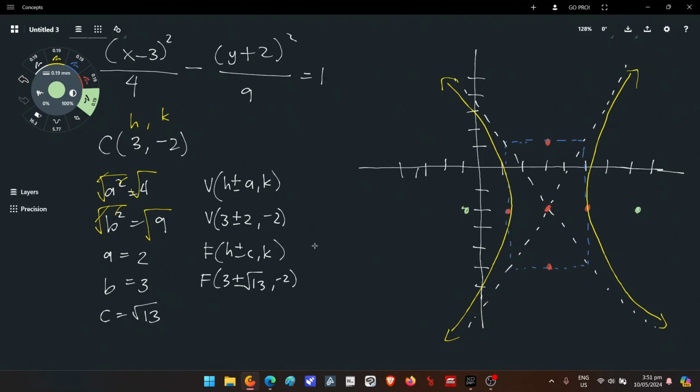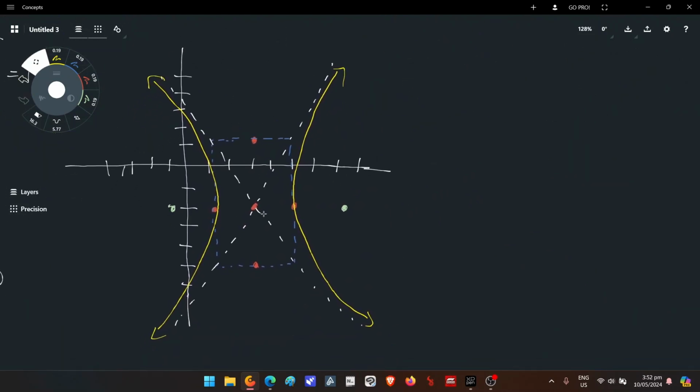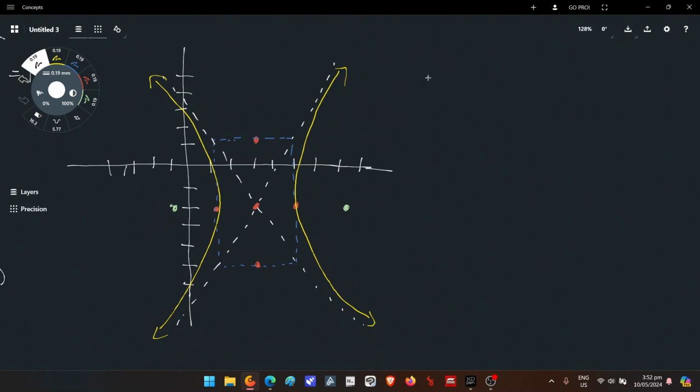And now we're going to find the equations of the asymptotes. Now, if you remember, our formula is y minus k equals positive negative rise over run. Since this is rise and this is run, it's going to be b over a, because a is on the x-axis and b is on the y-axis.